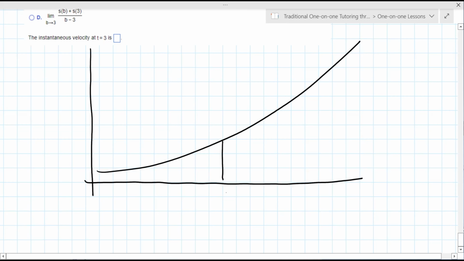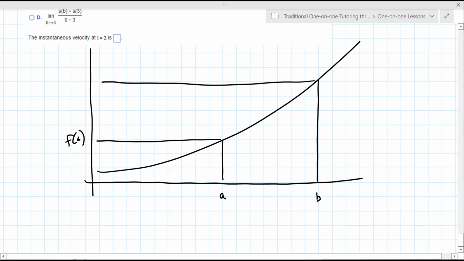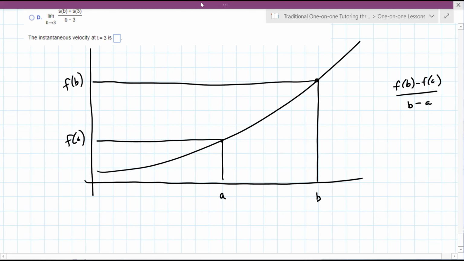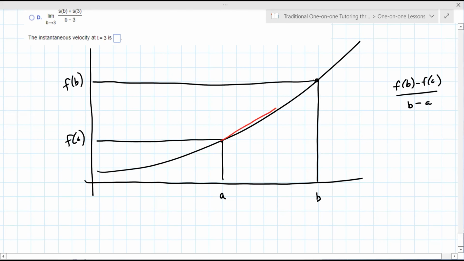So this is A, and this is B. This is f of A, and this is f of B. So when we do that, f of B minus f of A over B minus A, believe it or not, it is just the slope between these 2 points. And the slope between those 2 points looks something like that. There's some slope between there.